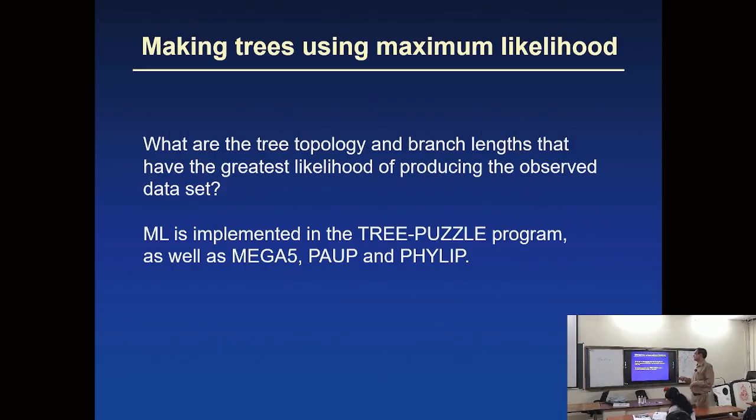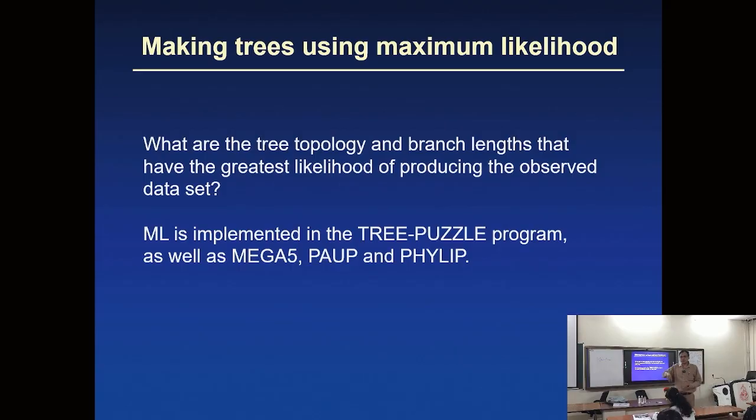Basically, which phylogenetic tree, meaning both tree topology and branch length, has the highest likelihood of producing this data? You will compute this probability of data given the tree.